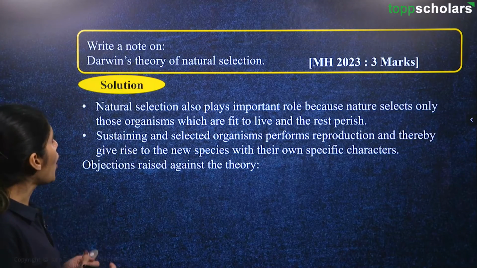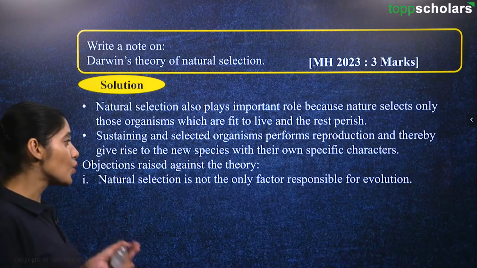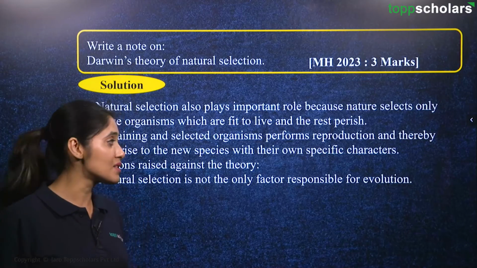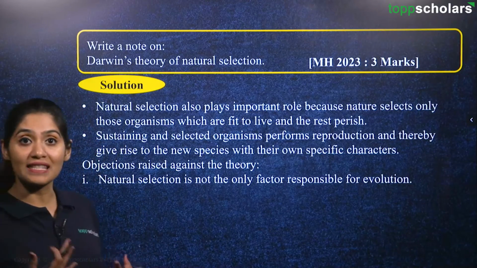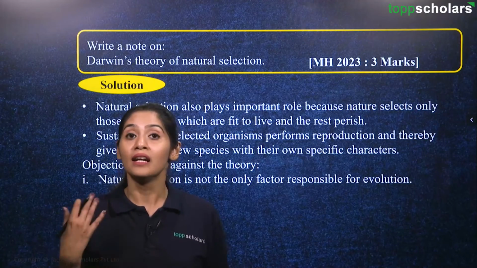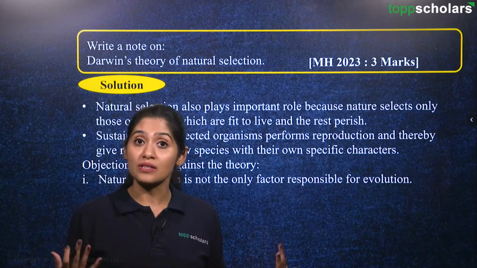Now, what are the objections which were raised against this theory? Natural selection is not the only factor responsible for evolution. There are many other factors because of which evolution has taken place. There were random mutations that took place in the genes, and therefore there was genetic modification. At times there was transformation.